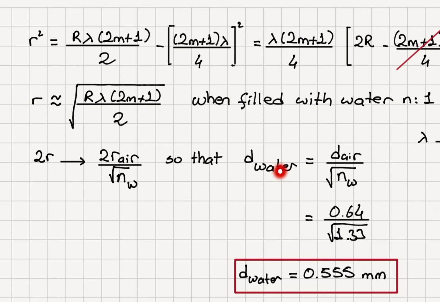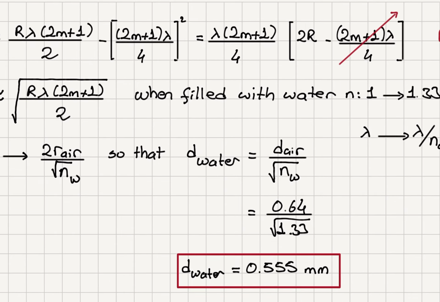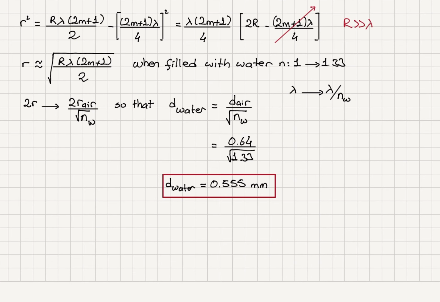So the diameter in water is diameter of air divided by a square root of the index of refraction of water, and that gives me my final answer, 0.555 millimeters.